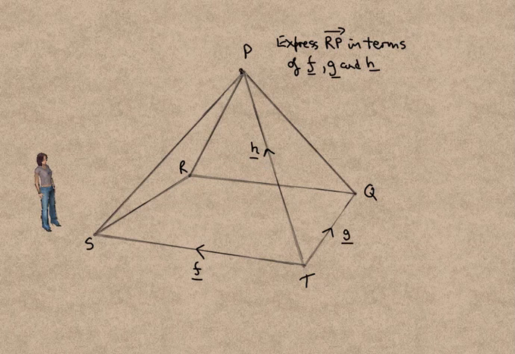So we're not going to go the direct way, we'll go the scenic route. Let's travel from R to Q, and then from Q to T, and from T to P.